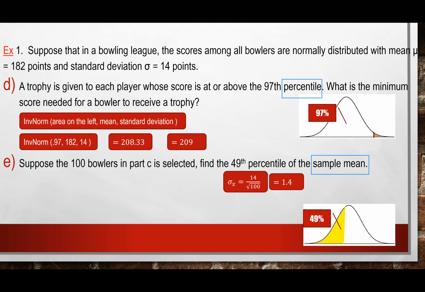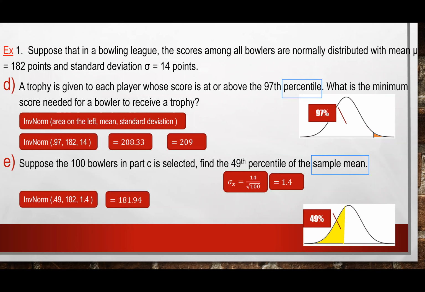So again, 49% is the percent to the left, this is my 49th percentile. Looking at this, all I need to do is plug into my calculator inverse norm 0.49, the mean, but again, the standard deviation is the sample standard deviation, which is 1.4.